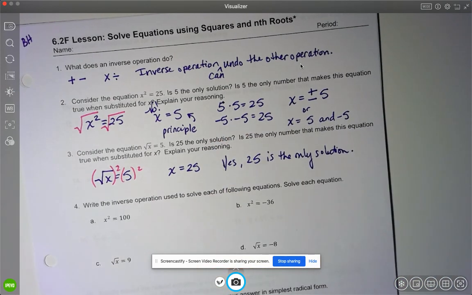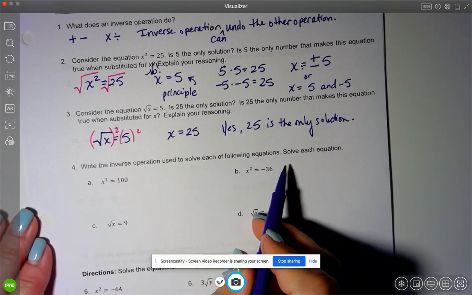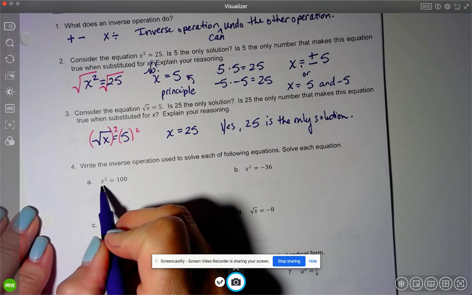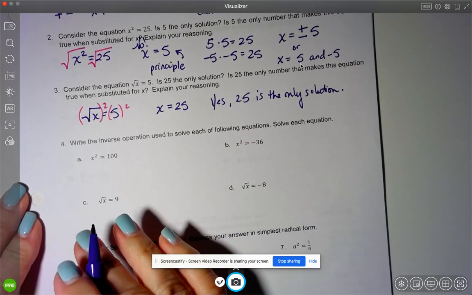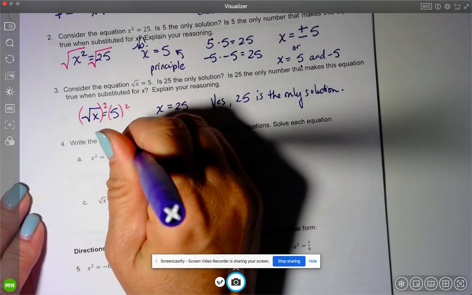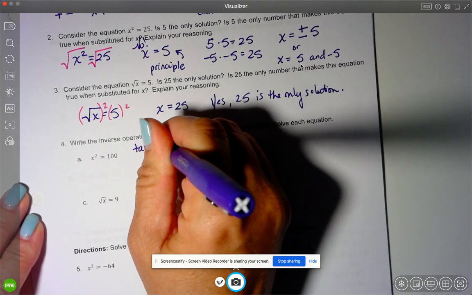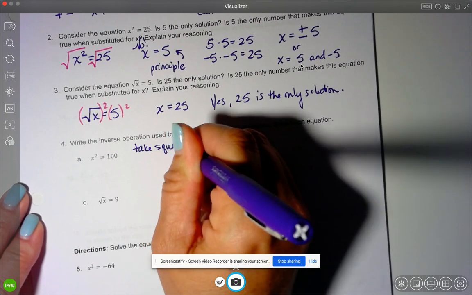So go ahead and write the inverse operation used to solve each of the following equations and then solve each equation. So here I have x squared equals 100, but I just want x by itself. So if squaring is happening, then I need to take the square root of x squared.